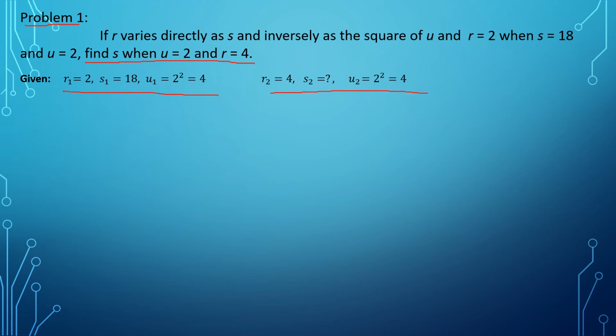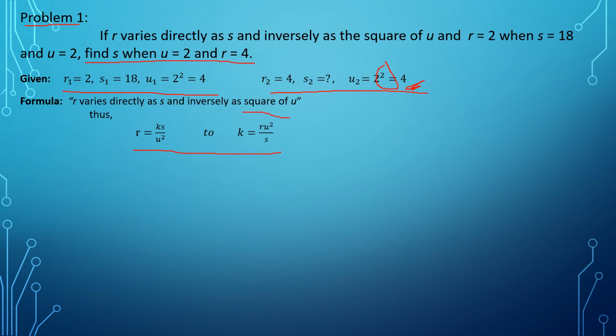So, ang ato ang second set of values, sa R sub 2, we have 4. We have S sub 2, wala. Muna itong pangitaon. And we have U sub 2 equals to 2 squared equals to 4. Okay? Na formula, same lang yapon to ganina. So, solution, muna yapon.